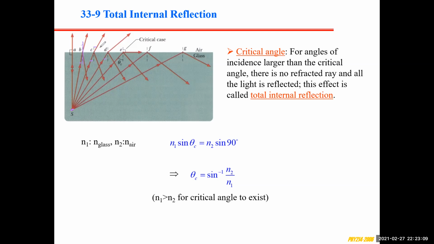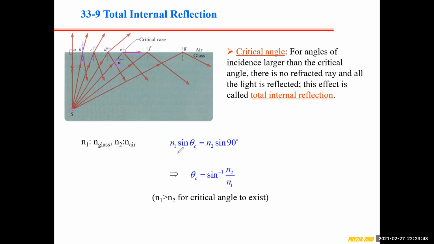You can see that the refracted light in the air gets bent, with a larger angle of refraction, until you hit an angle where the angle of incidence is what we call the critical angle. Then you find that the refracted ray is actually propagating along the interface. So when the refracted ray is propagating along the interface, we call the angle of incidence the critical angle.